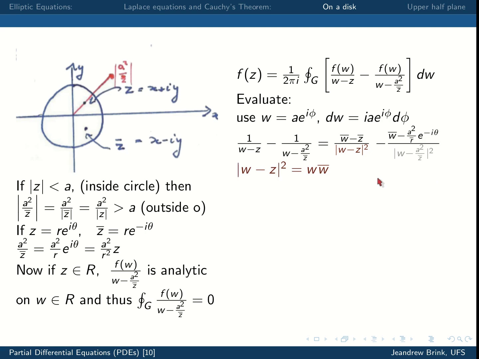Okay, so now let's evaluate the things in the denominator, because the natural thing is to try and put the two things over a common denominator. So the norm of w minus z squared, in other words, that comes from this, is simply w minus z times w bar minus z bar.